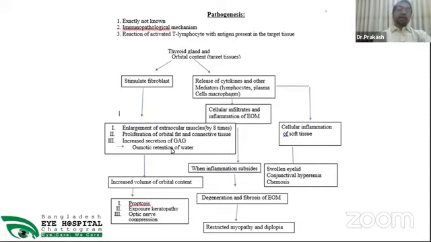So you see, due to stimulation of the fibroblasts, there is enlargement of the extraocular muscles, proliferation of the orbital fat and connective tissue, and osmotic retention of water. All these things cause increased volume of the orbital contents, and that increased volume of the orbit causes proptosis, that is called exophthalmos.